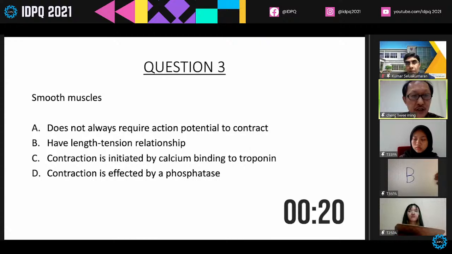The contraction is initiated by calcium binding to troponin, or the contraction is effected by a phosphatase. The time starts now.